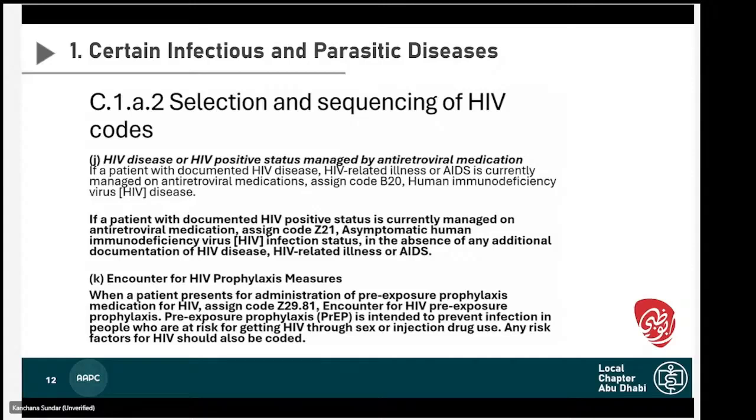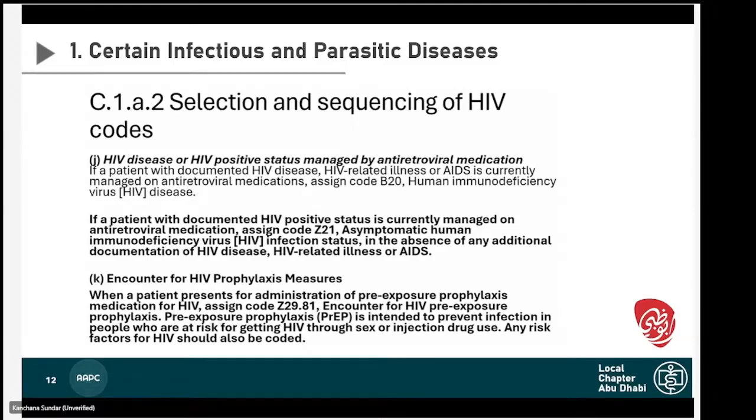This code is to be coded. And in addition to this, the intent to prevent the infection, that also is to be coded. And the high risk, why this pre-exposure prophylaxis is to be given, that high risk also should be coded as an additional code.